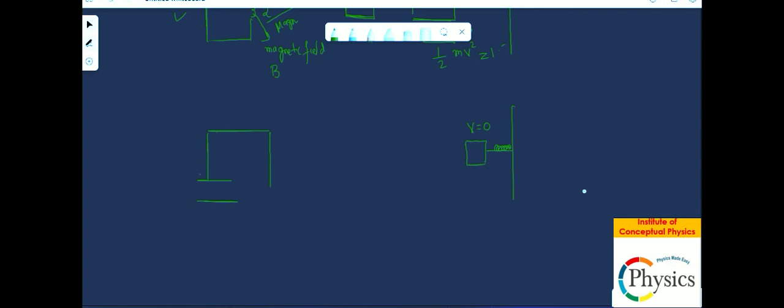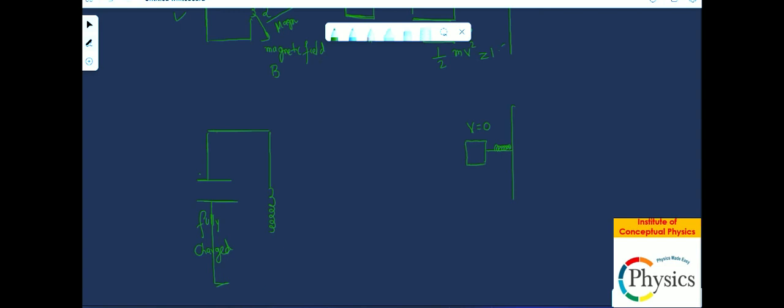So the capacitor is now fully charged. Make sense to you? And the inductor has no magnetic field energy left. And this is the exact situation now.